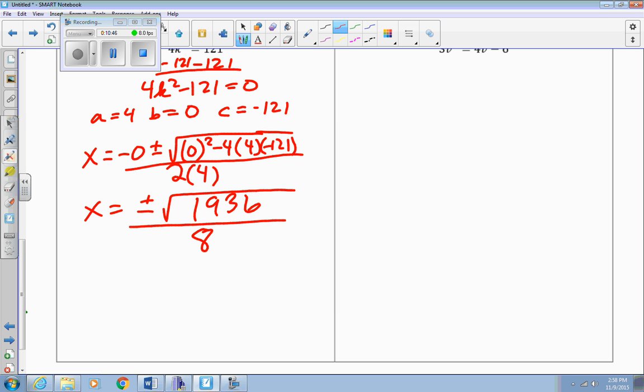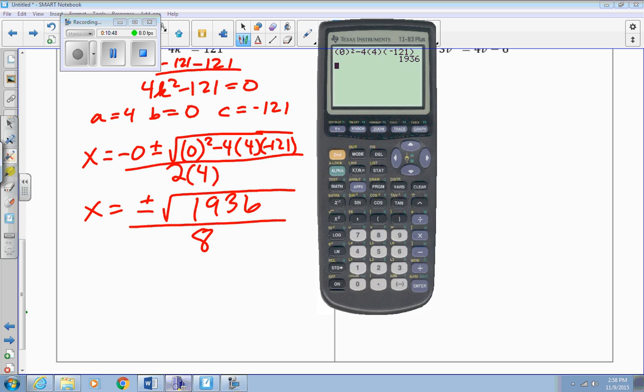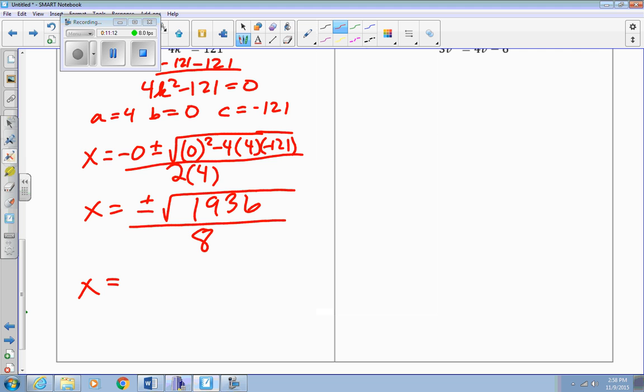With a big number like that, I would check in the calculator to see if it's a perfect square. Oh, just so happens it is. So I'd always check a big number to see if it's a perfect square. So it is 44. So you have x equals plus or minus 44 over 8.